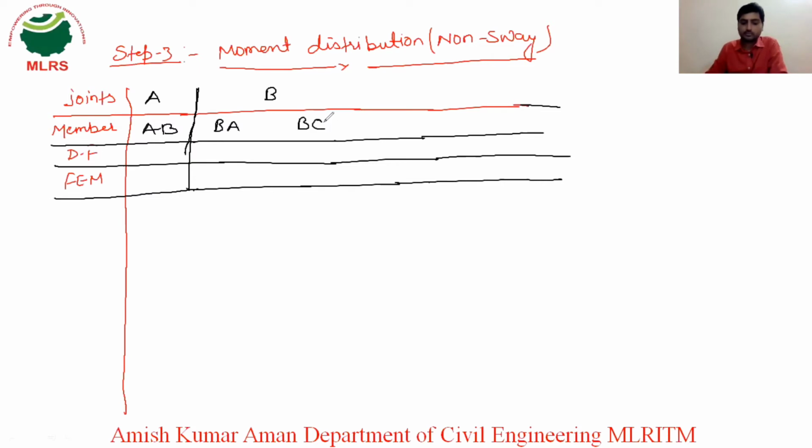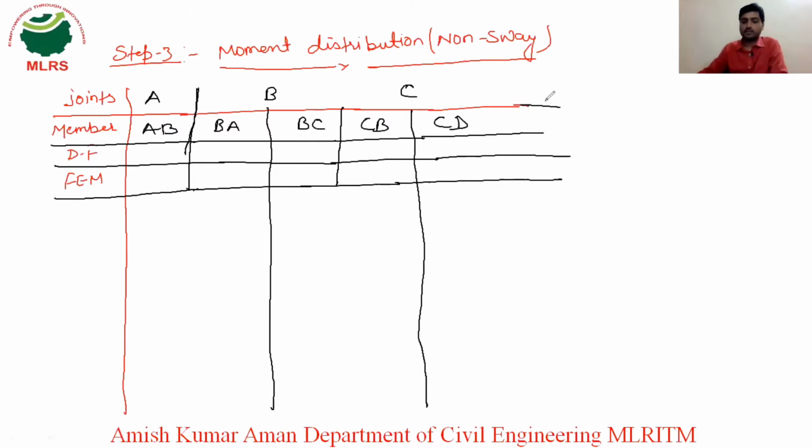Now the third joint is your C, that is CB and CD. And the final one is your D. So for D there is only DC.